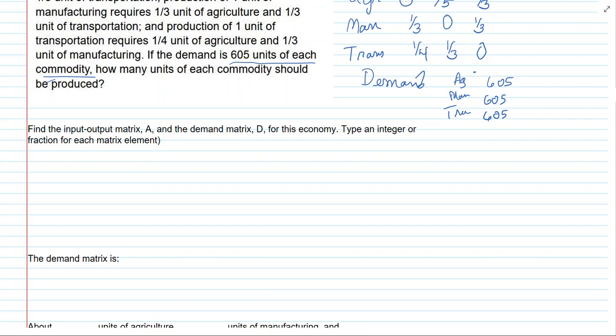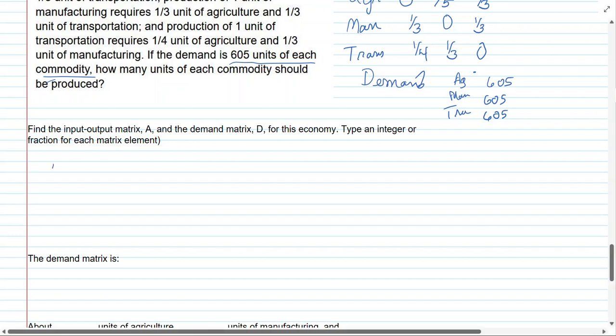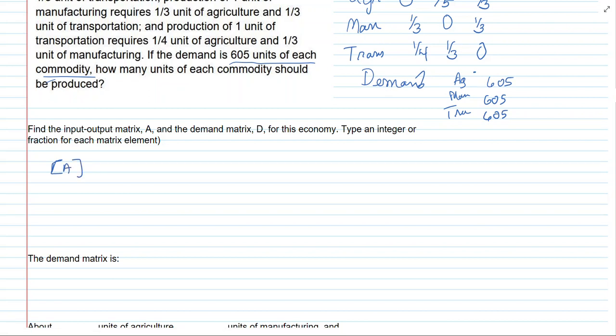Okay. So we want the matrix of A. Matrix A is going to be a square, of course, 3 by 3. And we're going to have 0, 1/5, 1/3. We're going to have 0, 1/3. Then we're going to have 0. Now the demand matrix is going to be a 3 by 1.